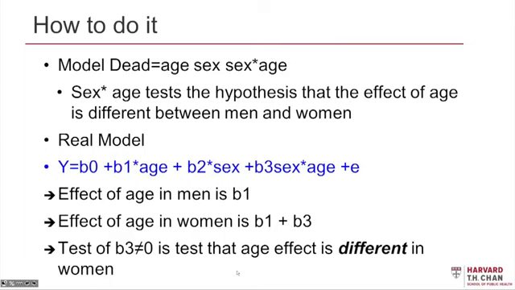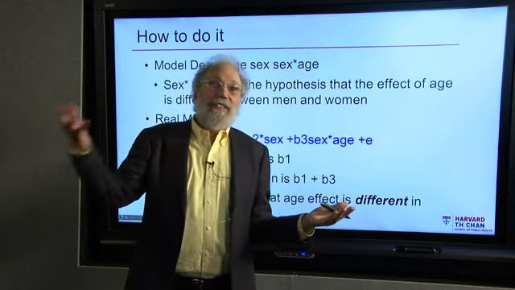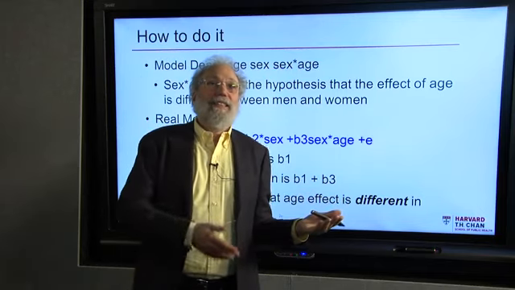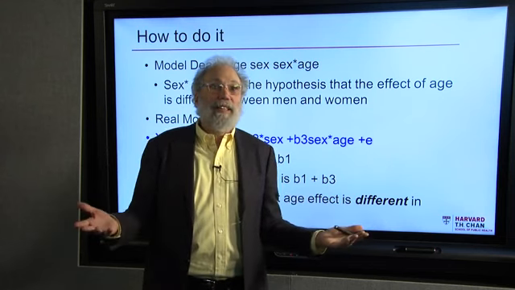So in SAS, I might, for example, look at a model where whether or not you die, so we're not looking at the children, depends on age and sex and some interaction term. So sex times age tests the hypothesis that the risk of death increases with age differently between men and women.